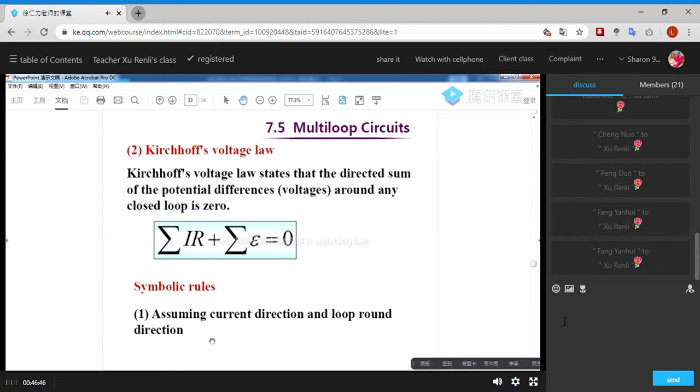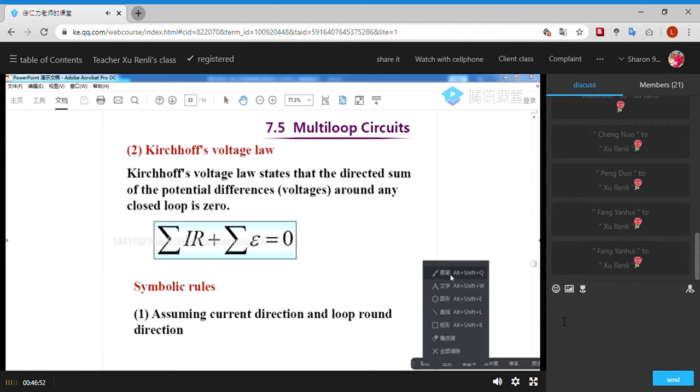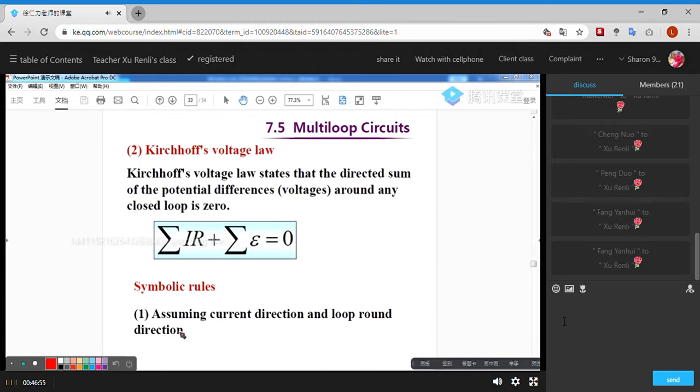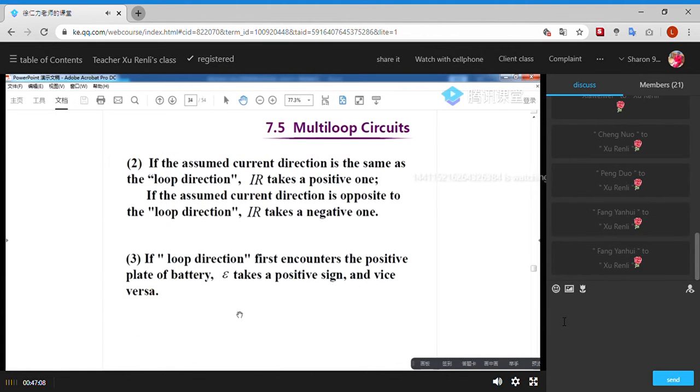These two directions are assumed randomly; you can choose any direction for the current and the loop. But once you choose, if the assumed current direction is the same as the loop direction, then the voltage across the resistor takes a positive sign.